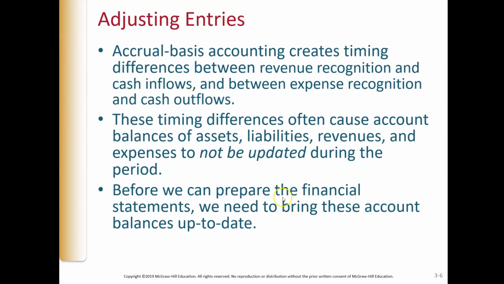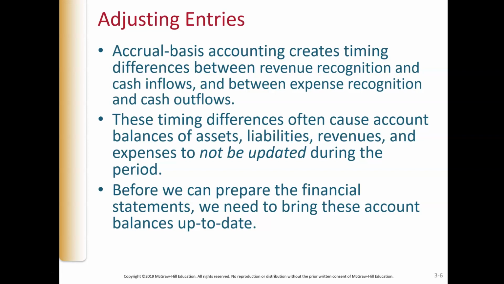So let's talk about adjusting entries. That's what this entire chapter is about. Mostly, there's some closing entries too, but mostly adjusting entries. Adjusting entries are difficult for students historically. Let's see if we can get rid of that difficulty for you.